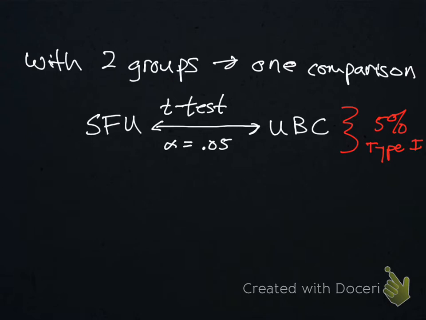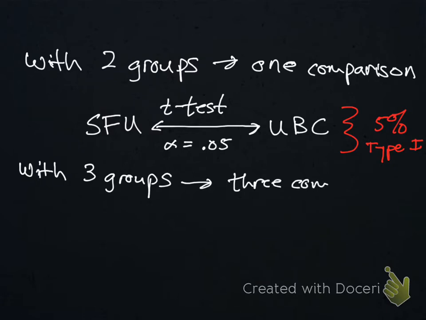Now, if I wanted to compare more than 2 groups, let's say 3 groups, suddenly the number of comparisons that I have to make starts to balloon a little bit. With 3 groups, I actually have to make 3 comparisons. And you might ask, okay, if I know how to compare 2 groups, why don't I just repeat this situation among all the groups?